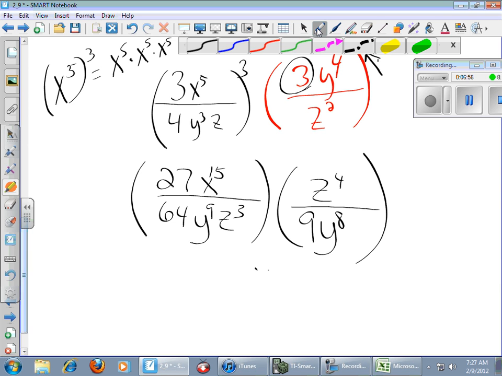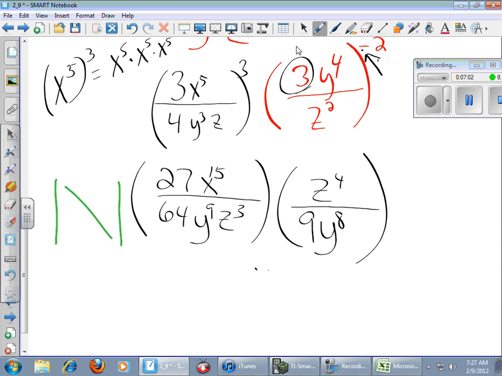Now, I'm going to look 4 different ways. I'm going to look this way, that way, and these ways to see if anything will cancel. I got to tell you that these 2 vertical ways should already be taken care of because I did the simplifying beforehand. So I'm going to look and see that 9 goes into 9 one time, goes into 27 3 times. All right, I've got a z cubed in the denominator with a z to the 4th in the numerator.